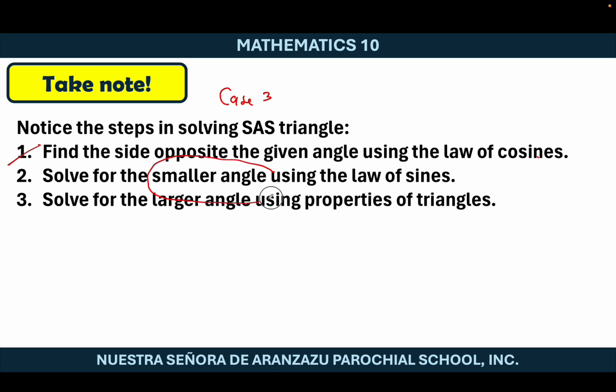Paano nyo malalaman yung smaller angle? Ito yung merong shortest side among all. Then, solve for the larger angle using properties of triangle, wherein yung property na tinutukoy dito is the sum of the three interior angle, which is equal to 180 degrees.